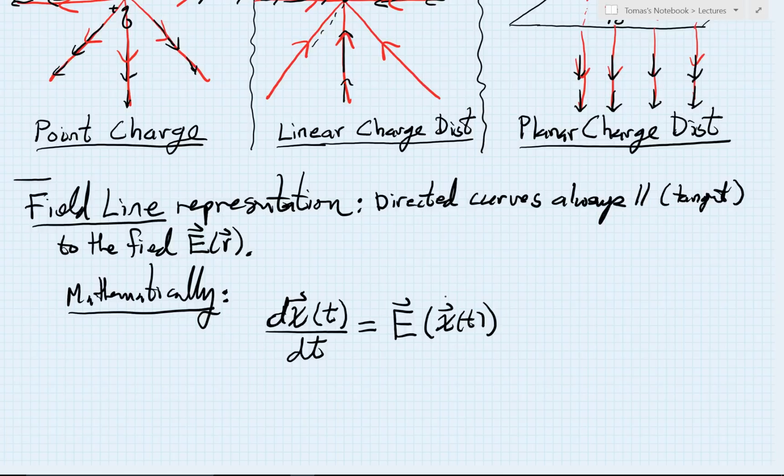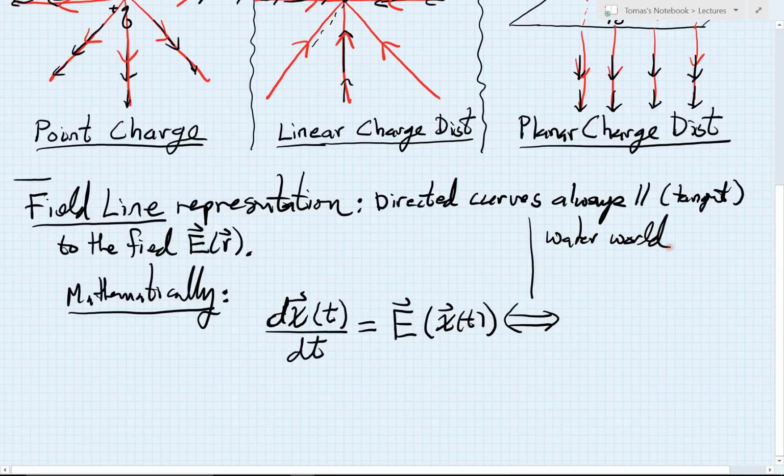So if I think, again, using my electric world, water world analogy, so I'm over here in water world for a moment, and I imagine setting up one of my mechanical devices to be an analog to my electric field. What this equation would become then is that I'm looking at curves whose tangent vector, whose derivative then equals, and recall that the electric field, its correspondence in water world is the velocity of the flow. So this would be the velocity at location x of t.